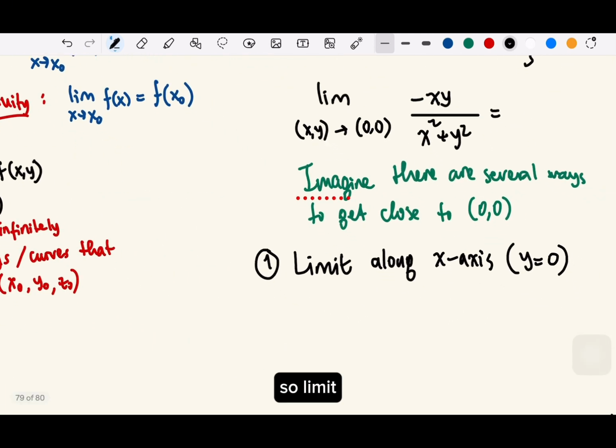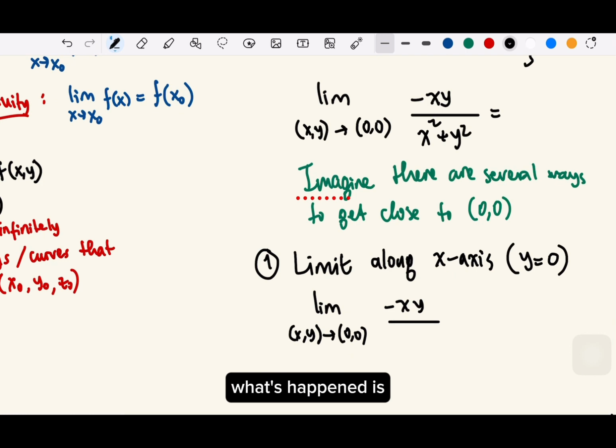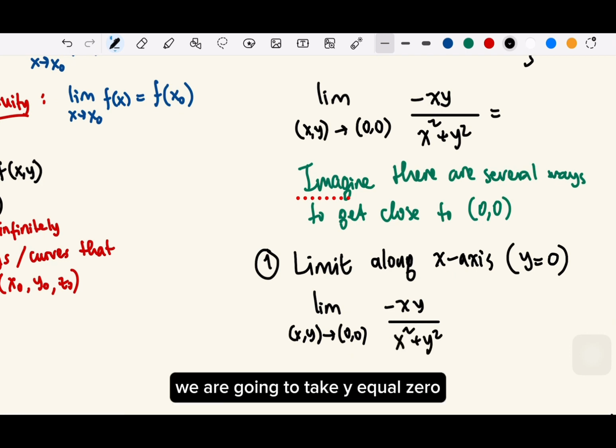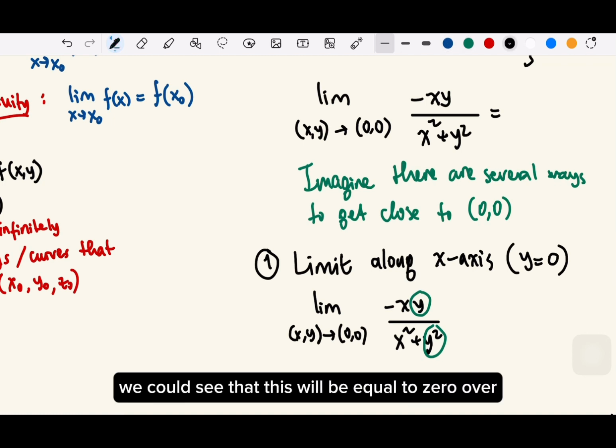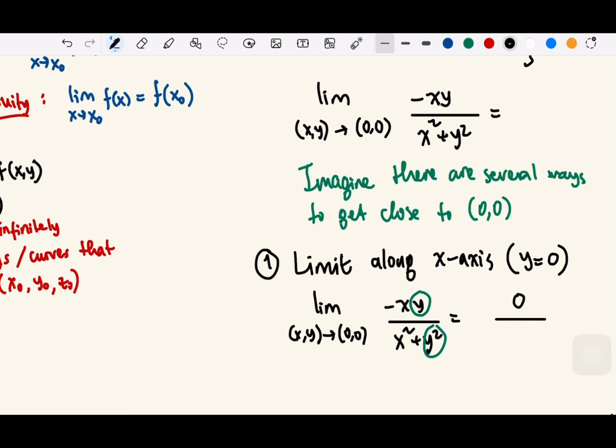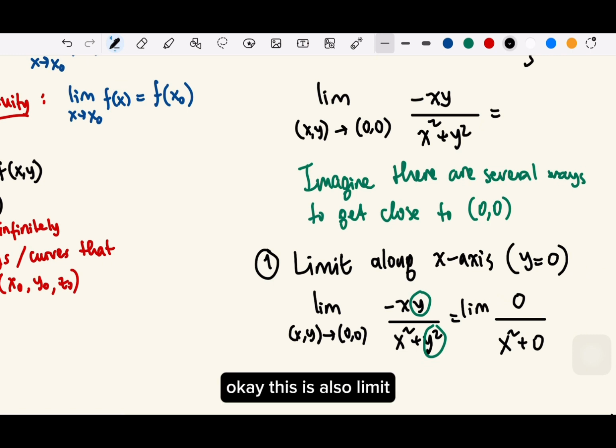So the limit as xy gets to 0, 0. What happens is we are going to take y equals 0, and it means that this y here and y squared will be 0. So we could see that this will be equal to 0 over x squared plus 0. Okay, this is also a limit.